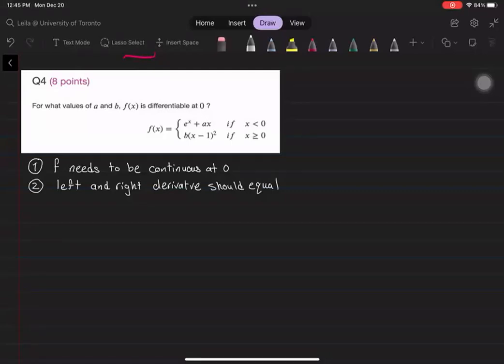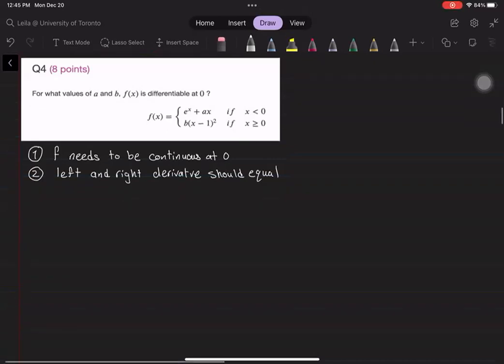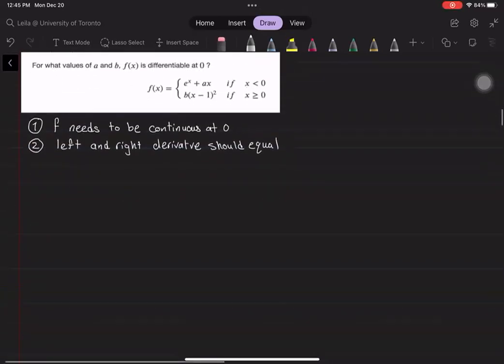Okay, so for this one, when it says that we want f of x to be differentiable, first it has to be continuous, then your left and right limit derivatives should be equal. So first you want it to be continuous, so the limit of f of x as x goes to 0 should equal f of 0.